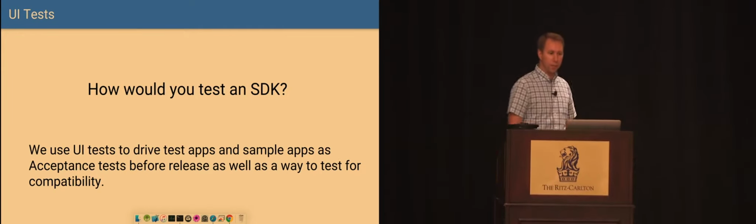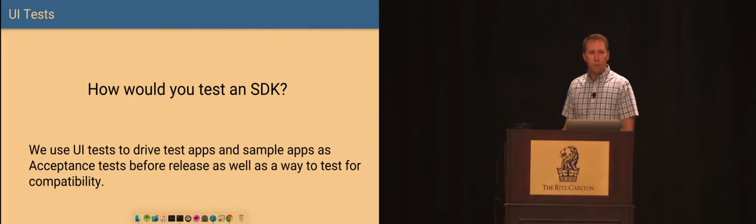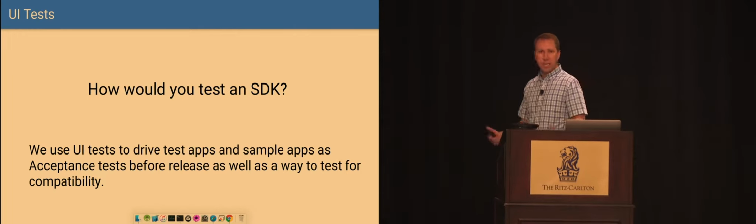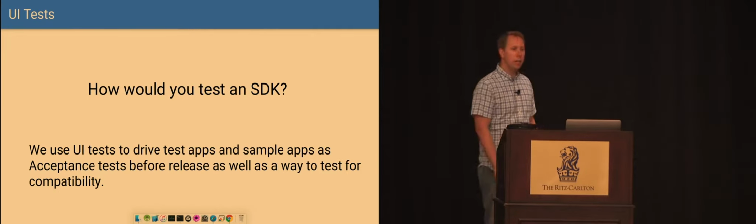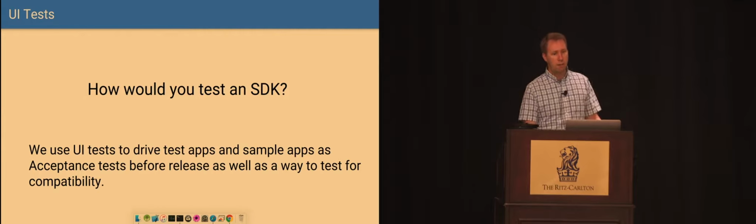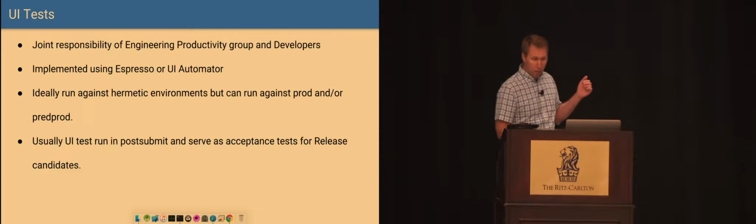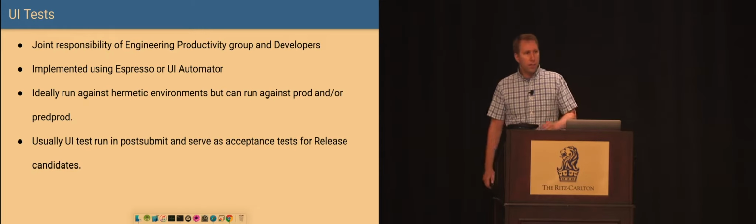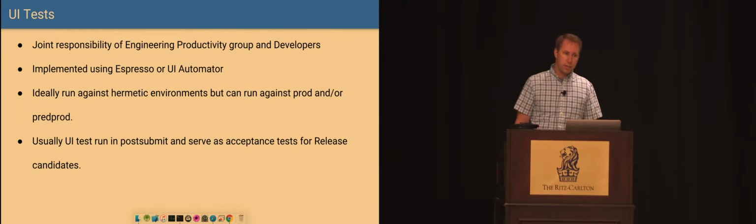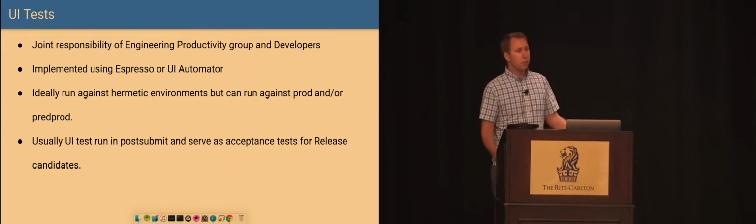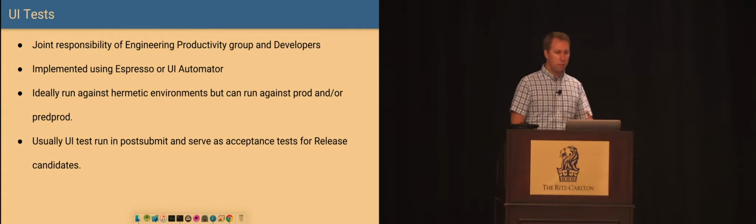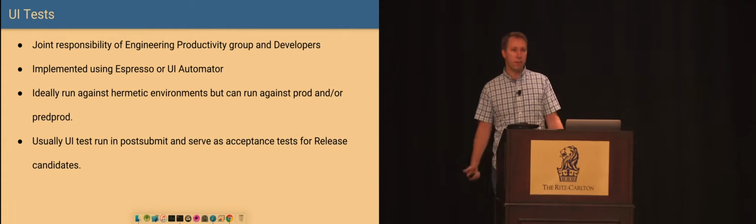That's actually what we do as well. We use UI tests to drive test apps, sample apps, as acceptance tests before we release, as well as a way to test for compatibility. Let me quickly talk about UI tests. UI tests are a joint responsibility of our team, the engineering productivity group, and developers.